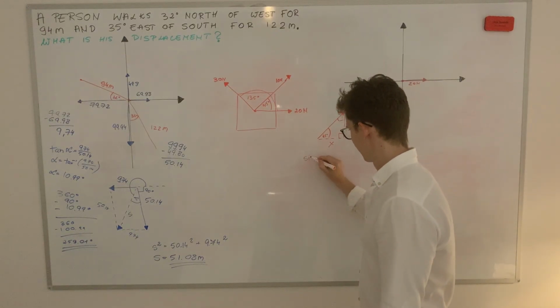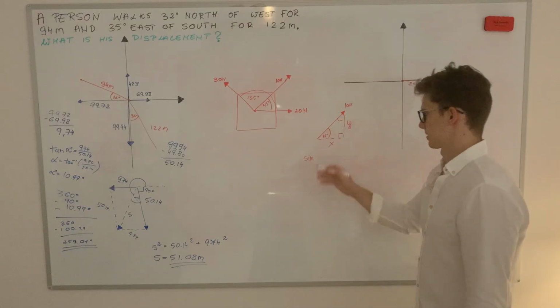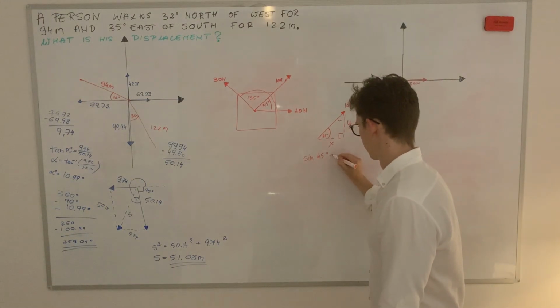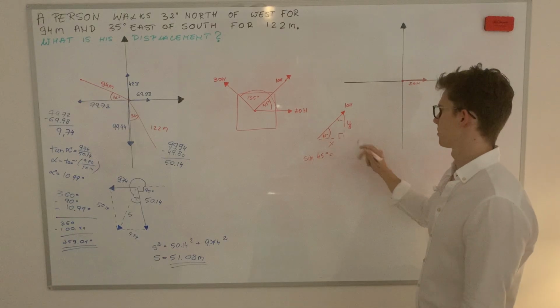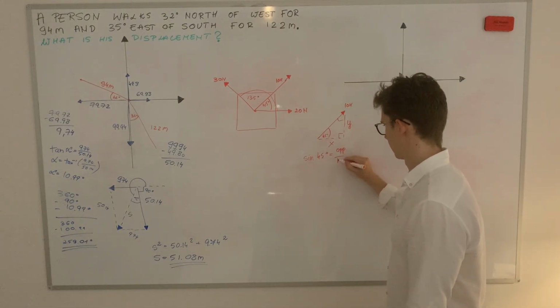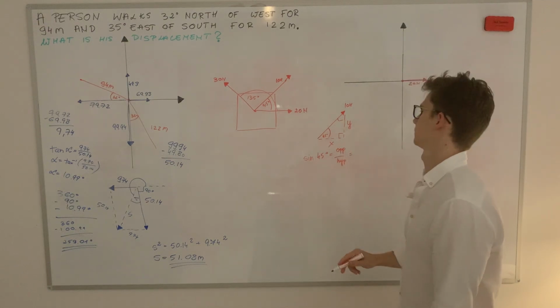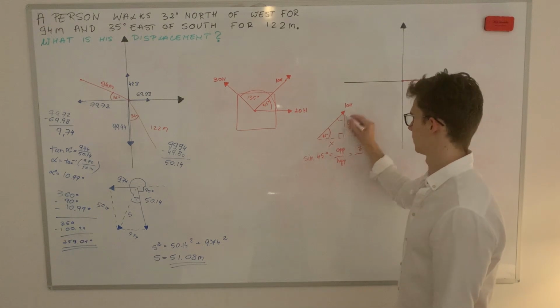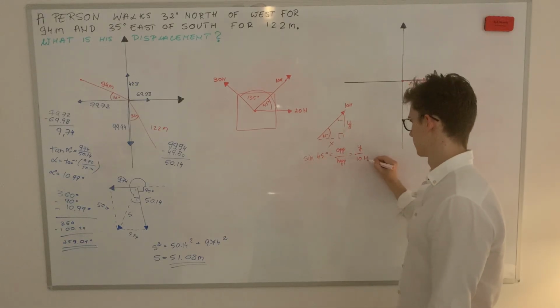All right, for example, we will use sine of 45 degrees to find the opposite side, which is going to be our y component. So it's going to be our y component over our hypotenuse, which is 10 newtons.